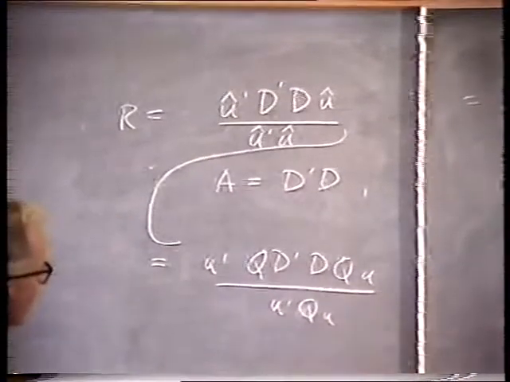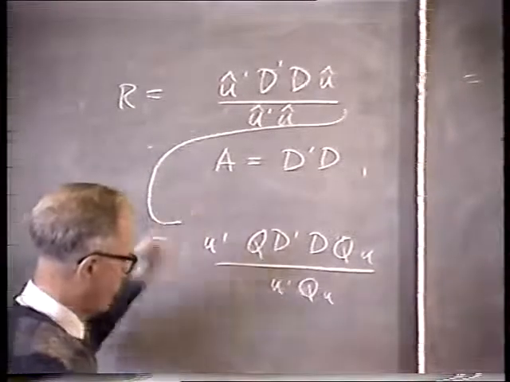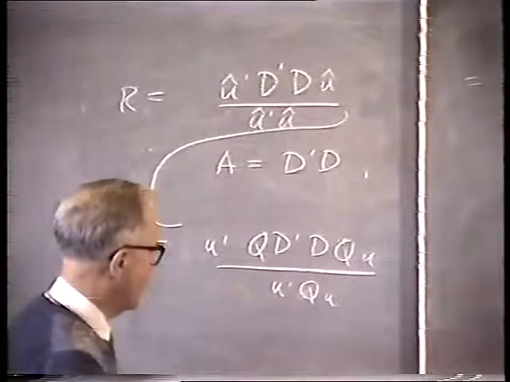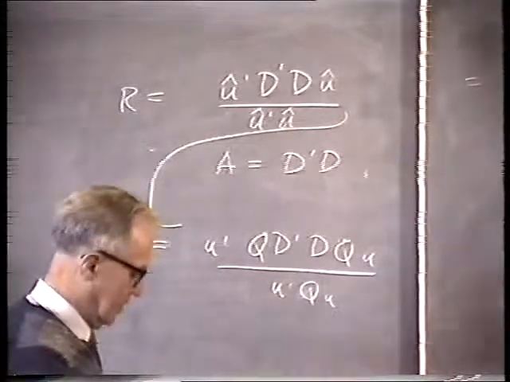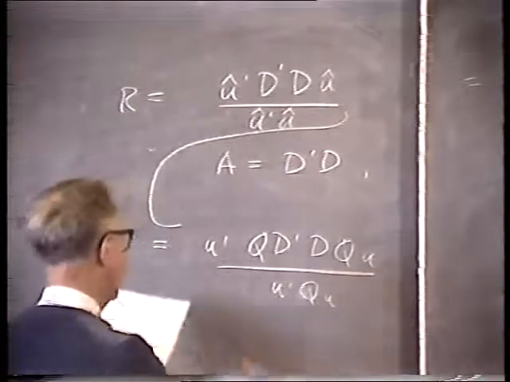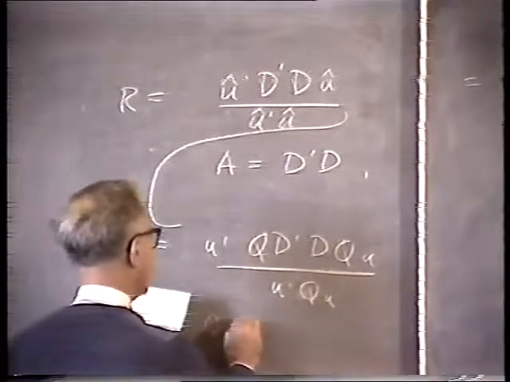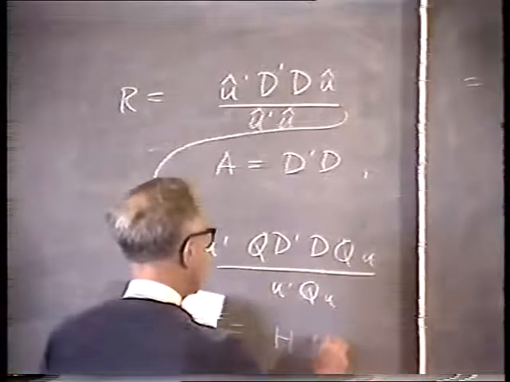Now, what we need to do in order to go on to the next stage is to factorize Q itself. It's a familiar fact that Q can be factorized into, well, I'm simply going to call it HH prime.